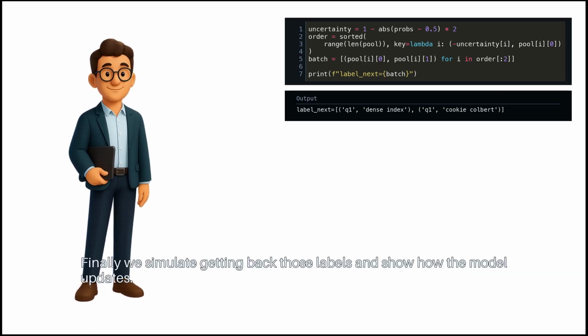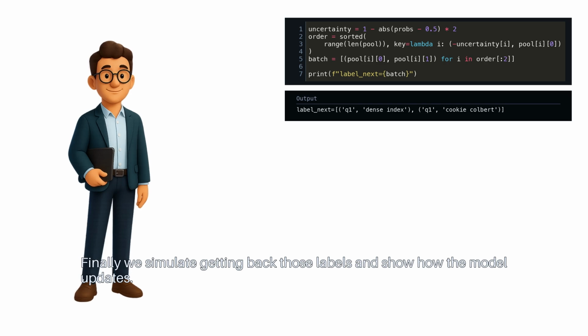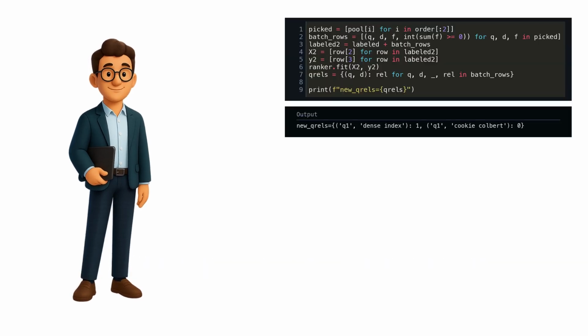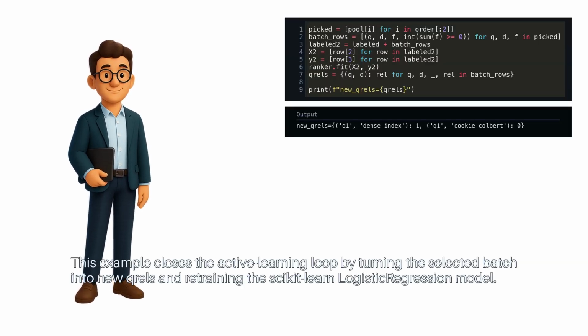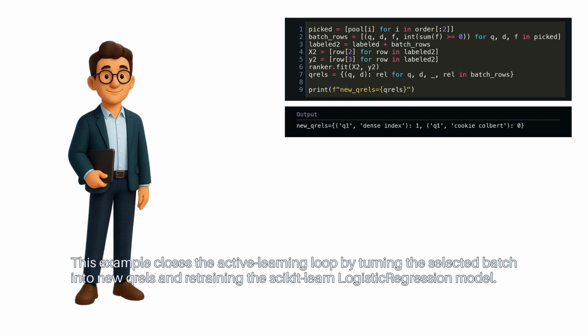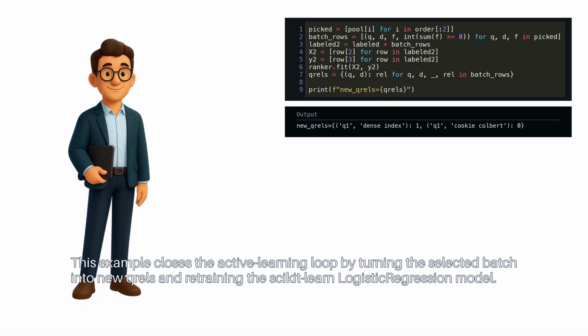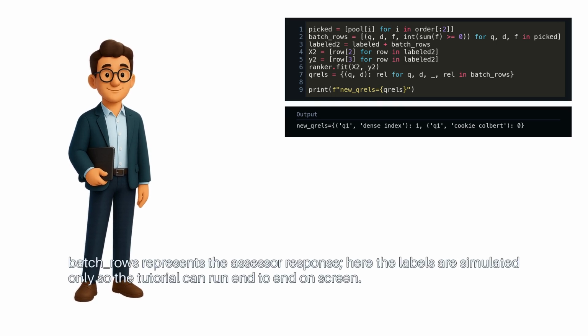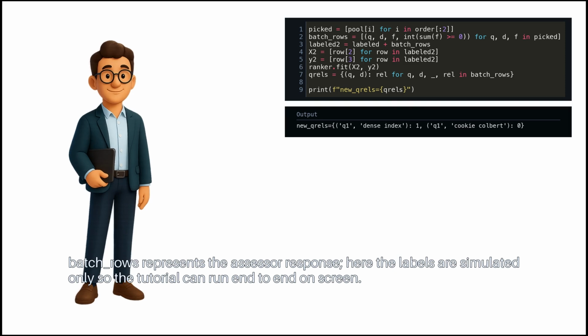Finally, we simulate getting back those labels and show how the model updates. This example closes the active learning loop by turning the selected batch into new qrels and retraining the scikit-learn logistic regression model. batch_rows represents the assessor response.